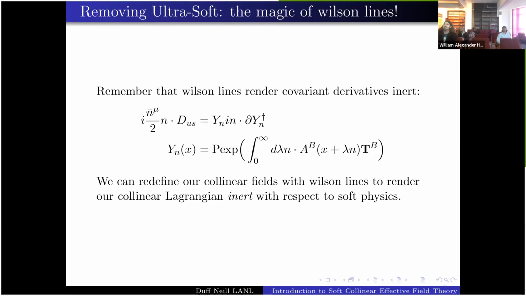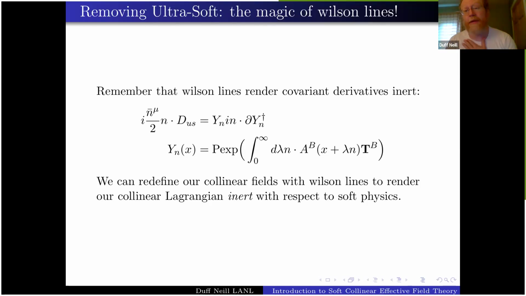It looks like you've gone from something with a soft field into something that doesn't have a soft field anymore. It doesn't actually change the scaling. The way you should think about it is that the actual derivative, the partial, has a scaling, and the soft field has the exact same scaling as that derivative.